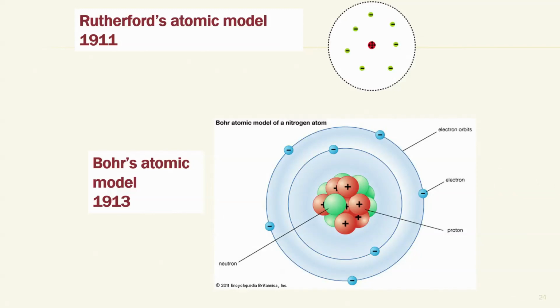Otherwise, a big heavy positively charged particle would keep on attracting the small negative electrons into it. So, they must be moving with enough force so that the centrifugal force is enough to keep them in circulation.